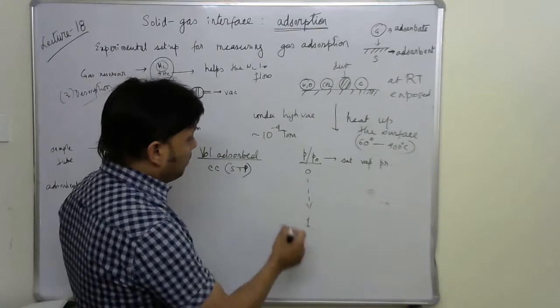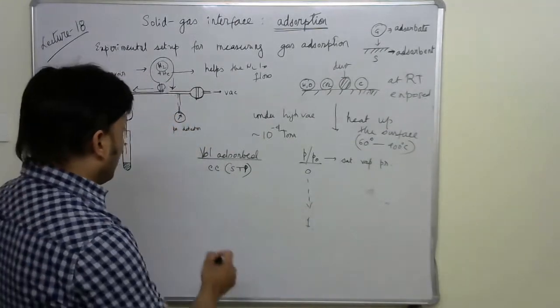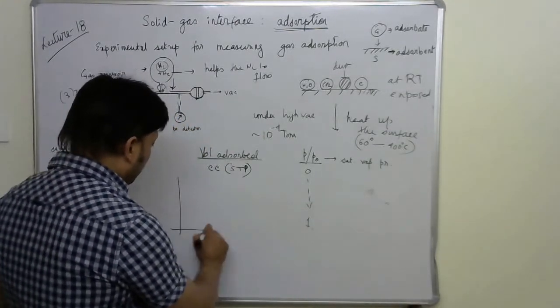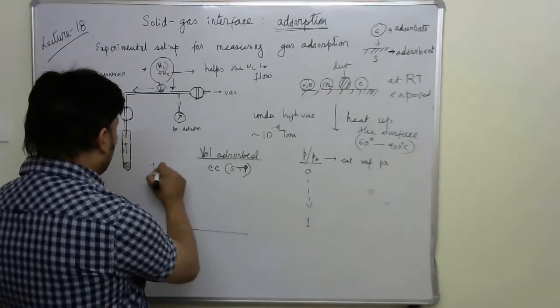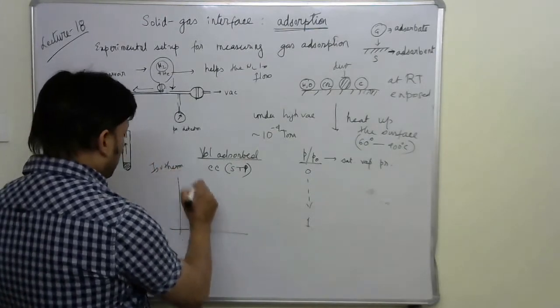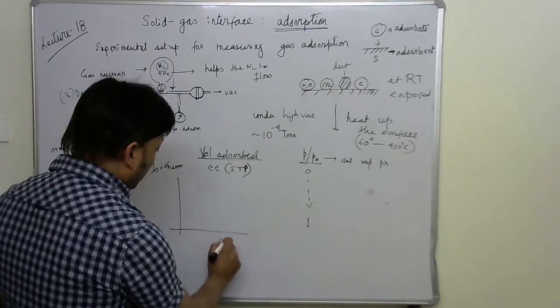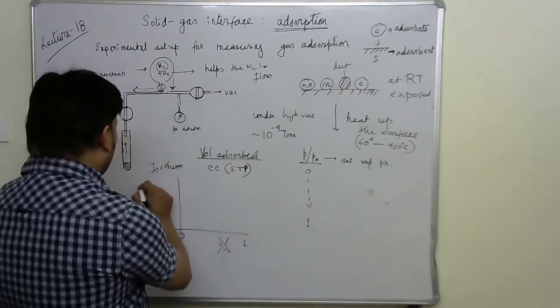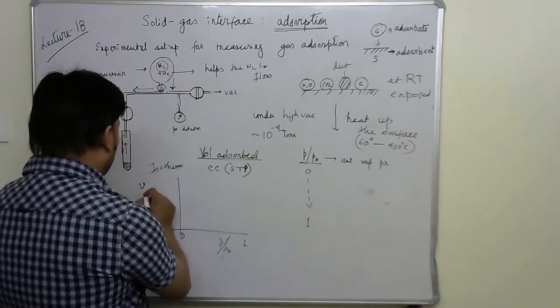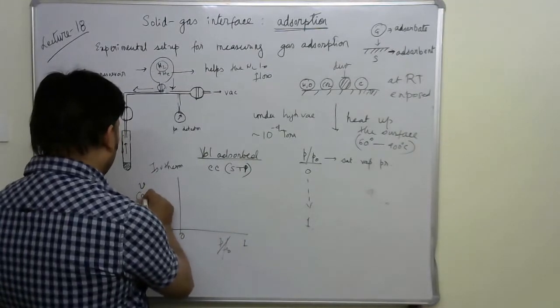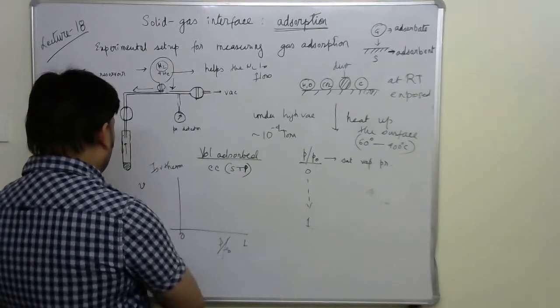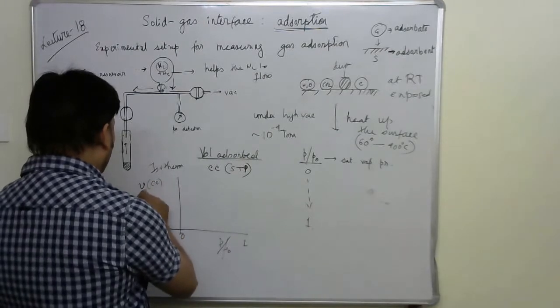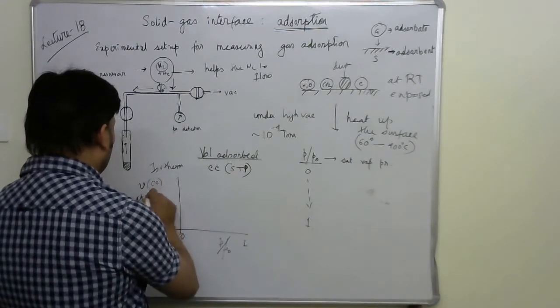Therefore P by P naught is a fraction, and we can report the adsorption isotherm like this. Here we have P by P naught going from 0 to 1, and volume adsorbed in cc, volume in cc at STP, standard temperature and pressure.